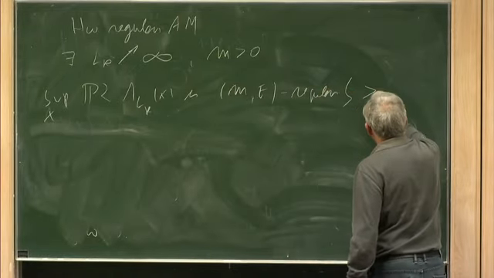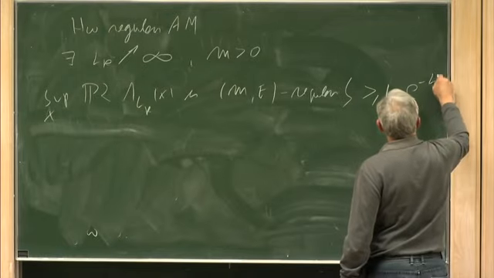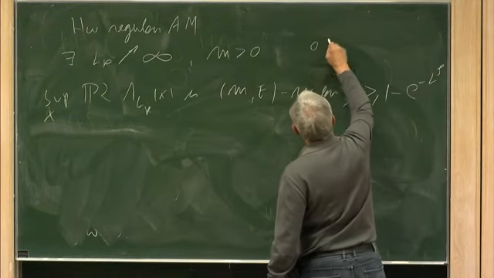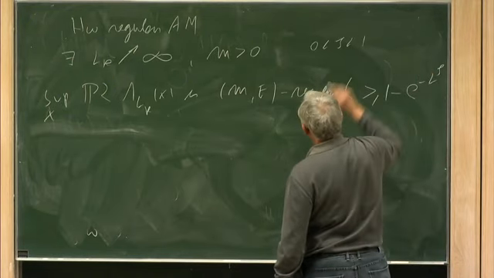This was bigger than or equal to 1 over E2 minus L zeta, where zeta was L1.